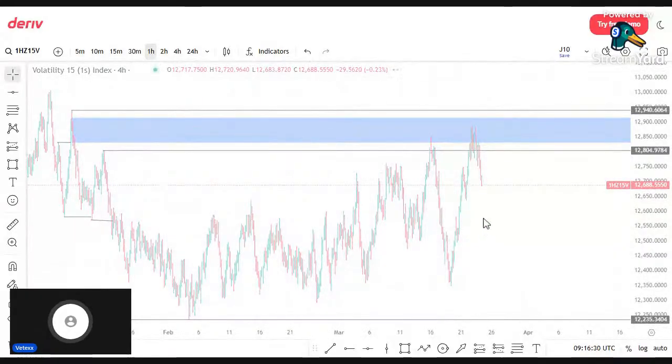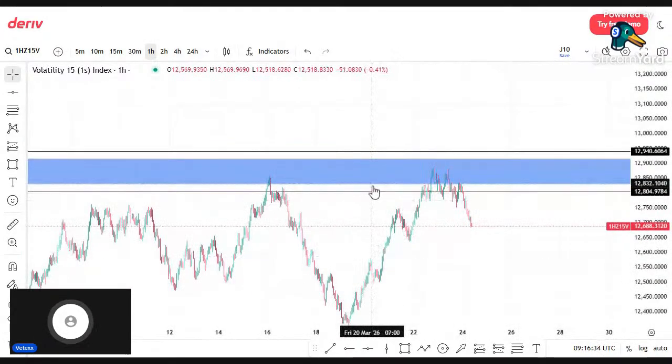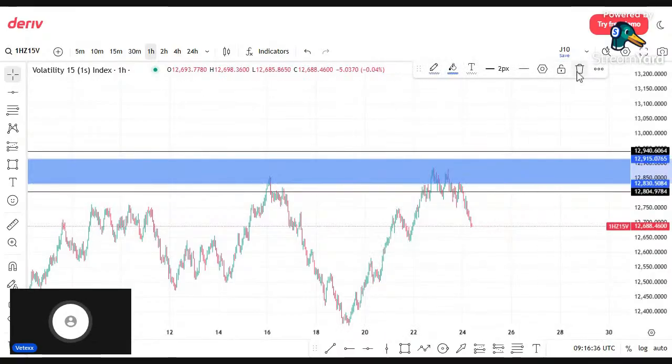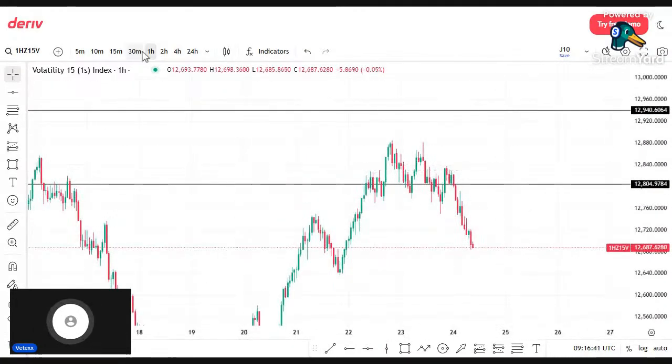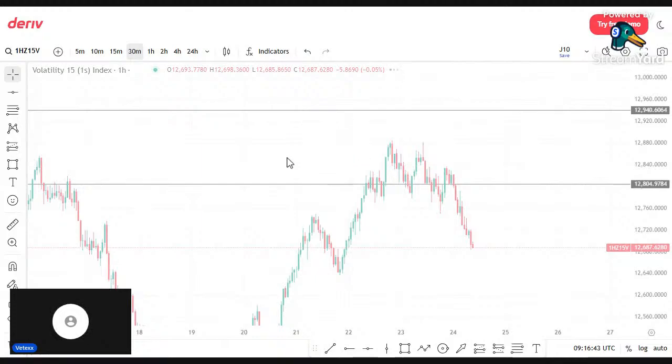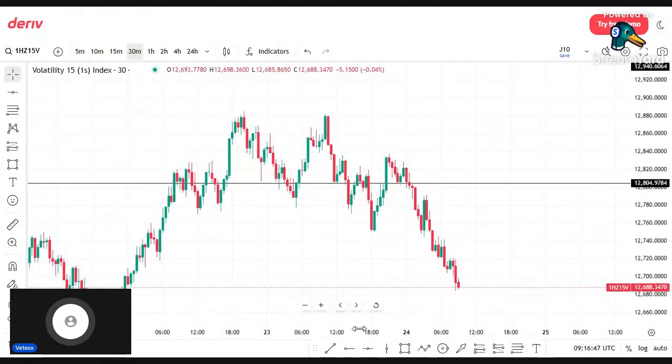So you go to the 1-hour time frame. Do we have a continuation setup on the 1-hour time frame? So yesterday V15 index gave us a continuation setup where we have our sweep of liquidity here. So we have this sweep of liquidity.